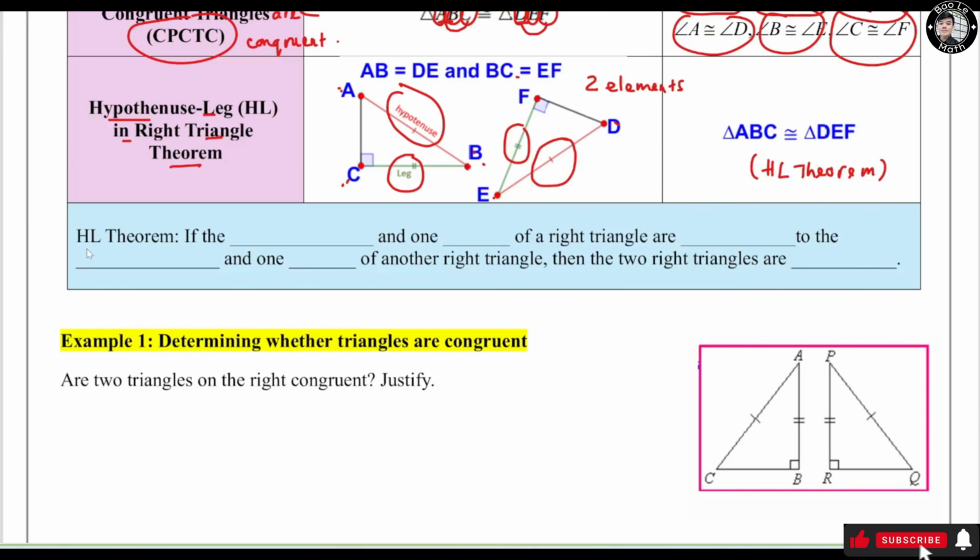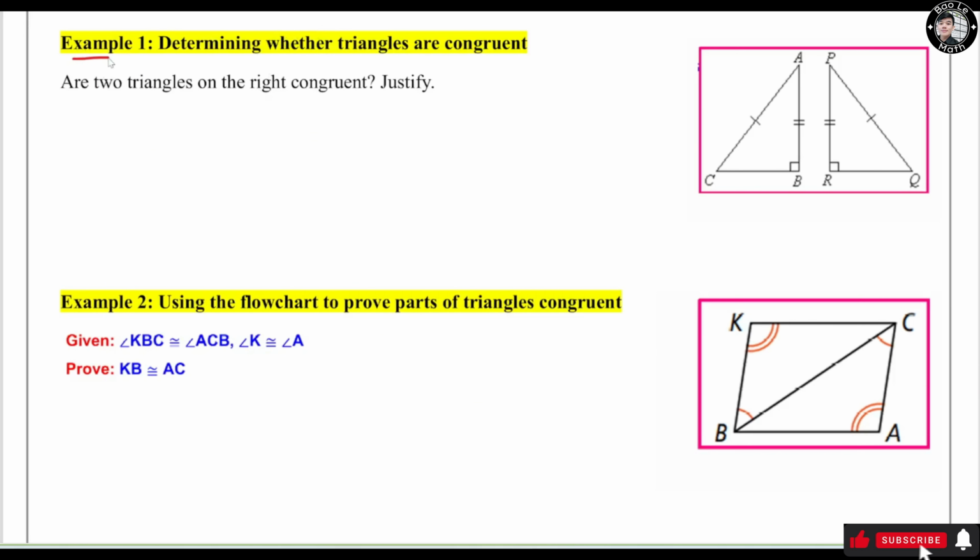So, the HL theorem says, if the hypotenuse and one leg of a right triangle are congruent to the hypotenuse and one leg of another right triangle, then the two right triangles are congruent. Example number 1, determine whether the triangles are congruent.